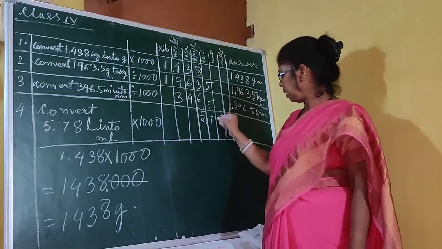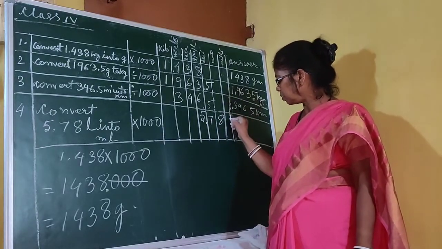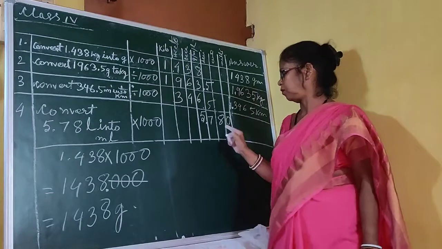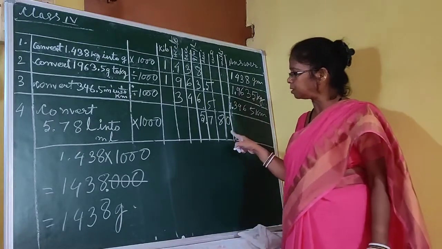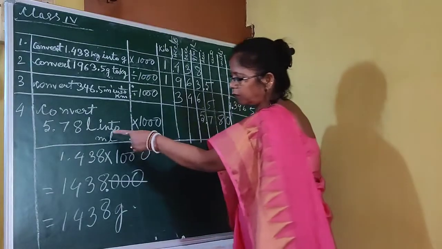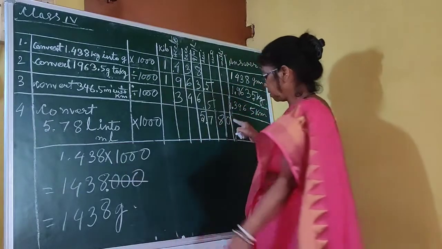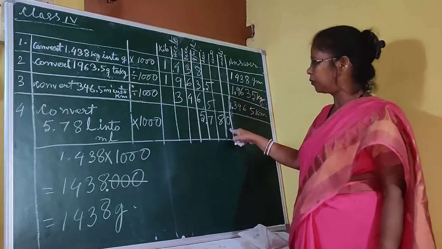The milliliter column is free. You have to write 0 here. No number is here, you have to write 0 because the unit is converting to milliliter.